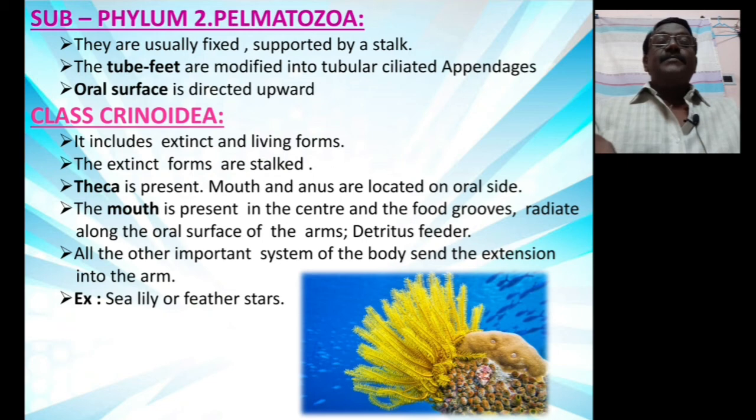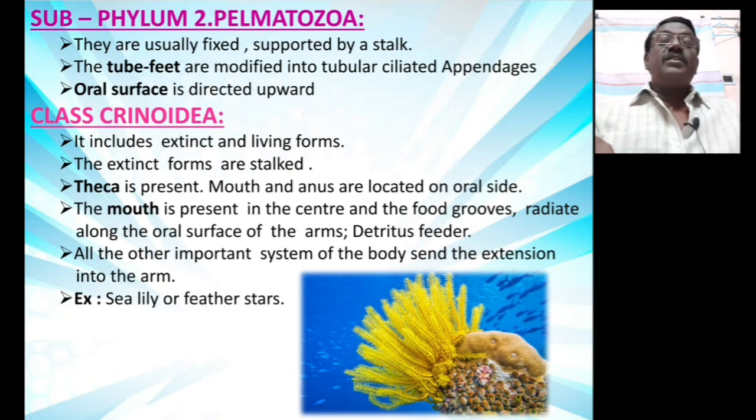Next we will see the salient features of the other subphylum, Pelmatozoa. This Pelmatozoa includes stalked echinoderms. Because of the presence of the stalk, the adults are always attached to the substratum, and here the tube feet are modified into tubular ciliated appendages.